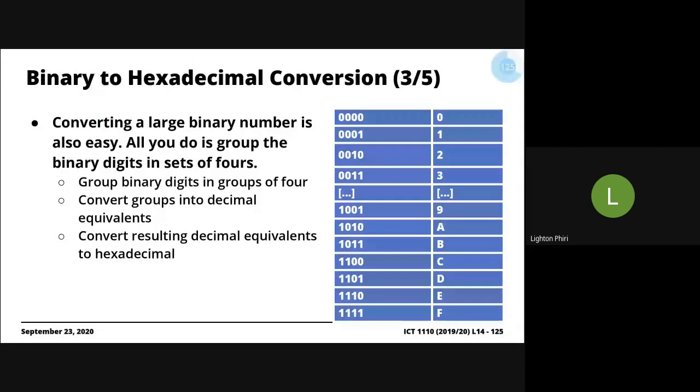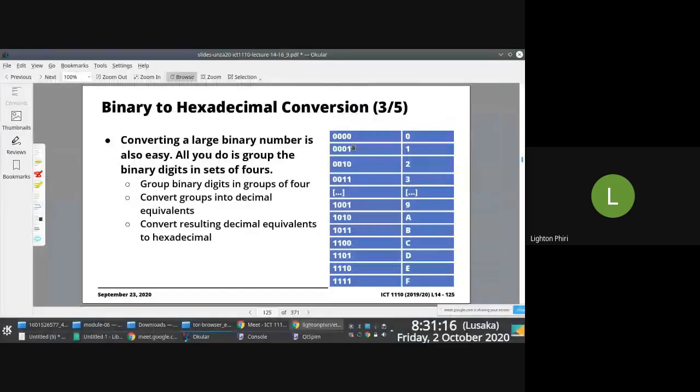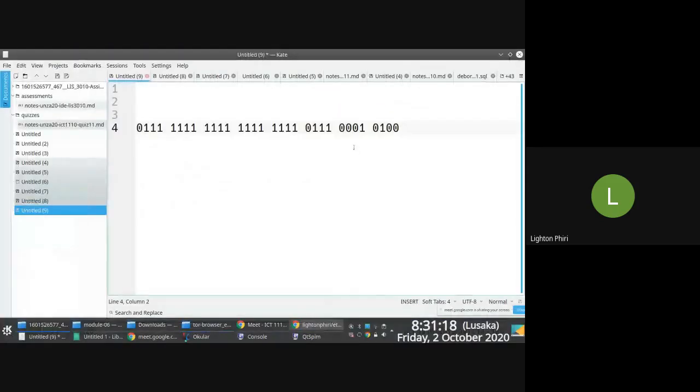So what we're saying is that converting a relatively large binary number is trivial if you latch on to this idea of representing the binary number in groups of 4s, using nibbles. It's very easy because all you do is come up with a little translation of the hexadecimal symbols represented by these numbers.